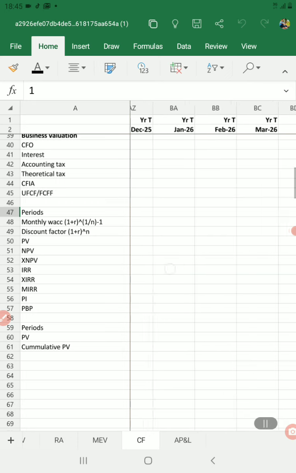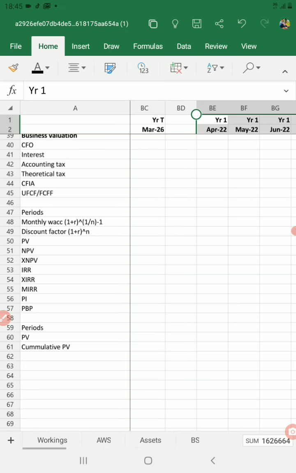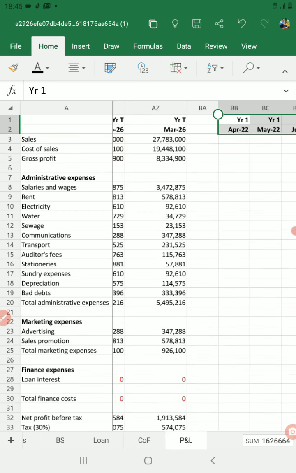So the end should be somewhere here, paste. Okay, so let us go back to our monthly income statement and start to do the workings.